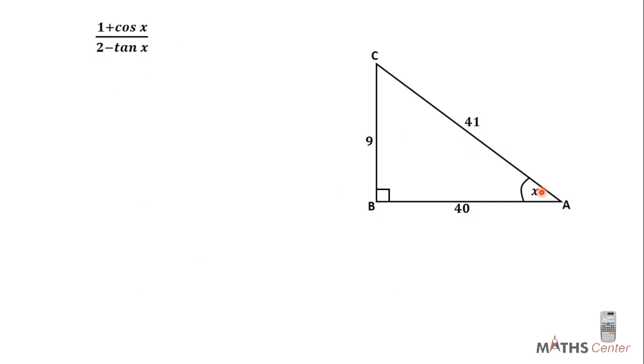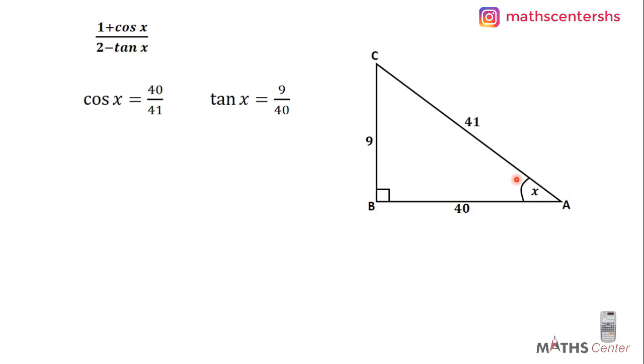So in this right angle triangle, we have our acute angle here, x. AC, which is the hypotenuse, is 41. BC, which is opposite to x, is 9. And AB, which is adjacent to x, is 40. So we can find cos x and tan x.